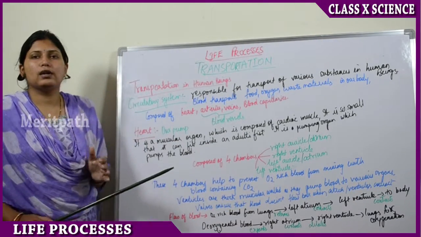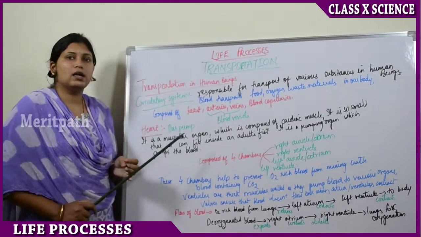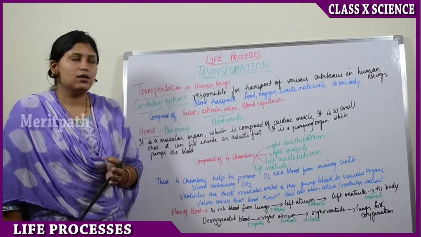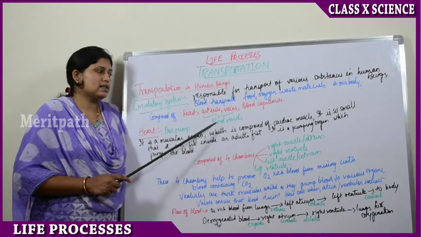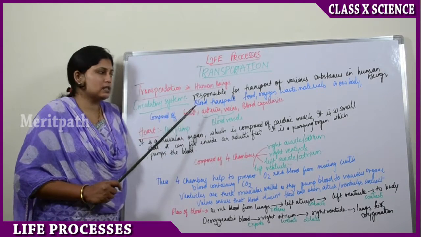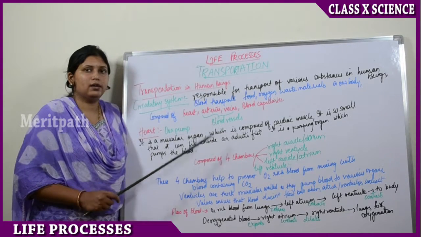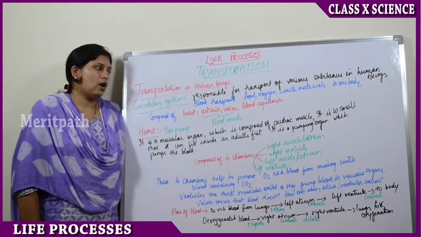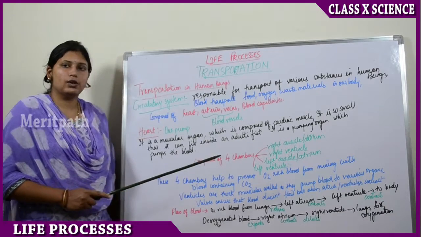This circulatory system is composed of four things: heart, arteries, veins and blood capillaries. Arteries and veins together are known as the blood vessels.